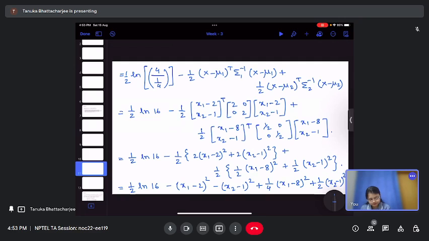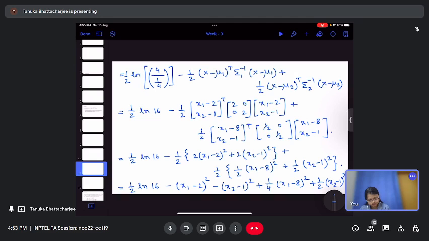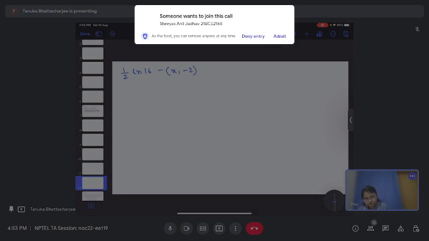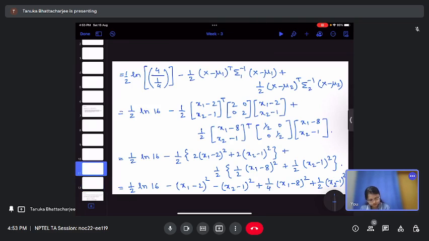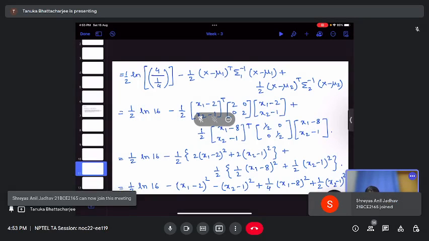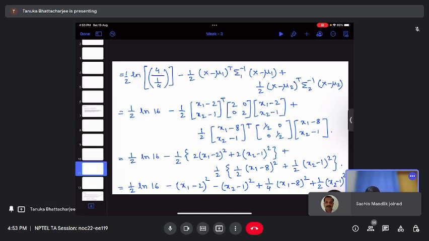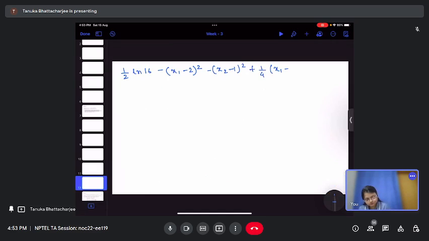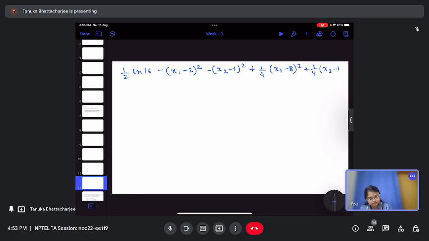So the decision boundary will be this. You can further simplify it down.